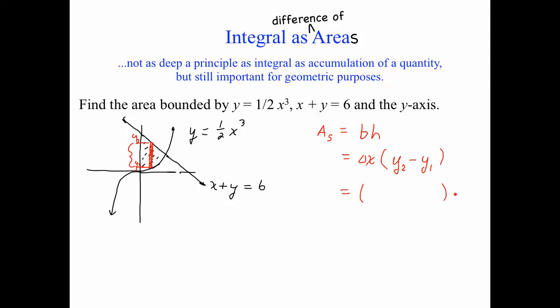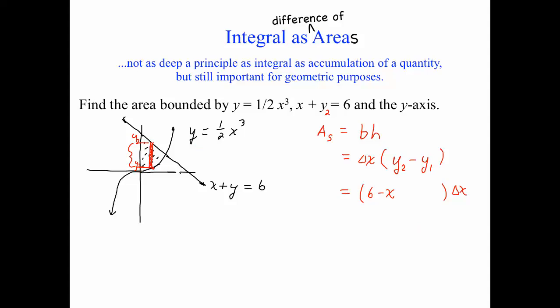So what is y2 in terms of x? I'm just going to change the order here. Y2 is defined by our line, so y2 equals 6 minus x. Okay, and what is y1?